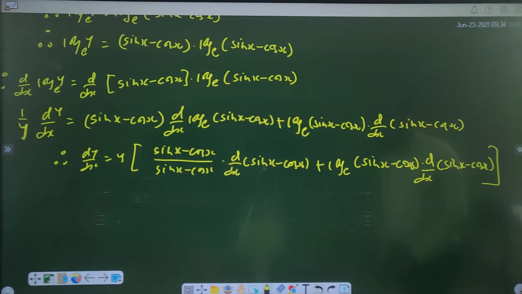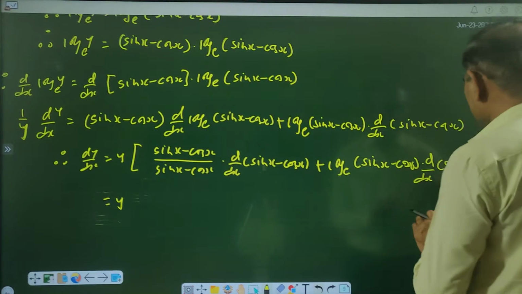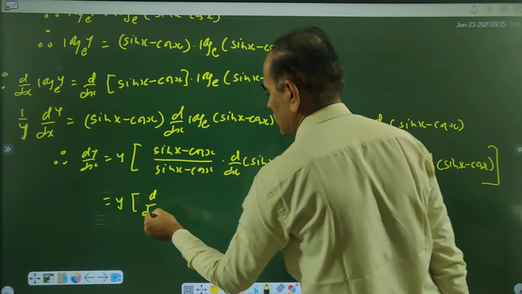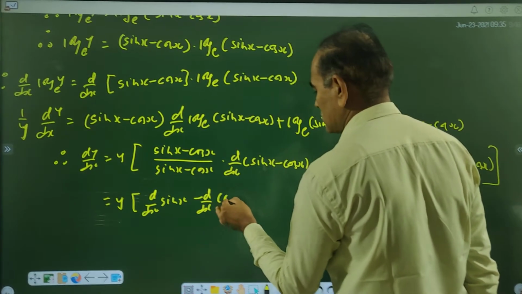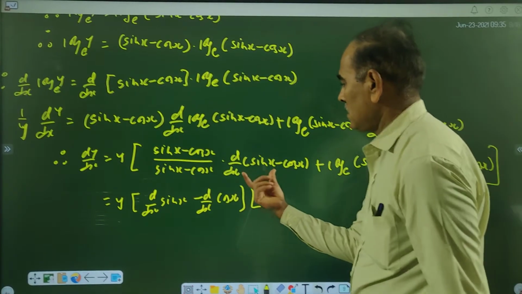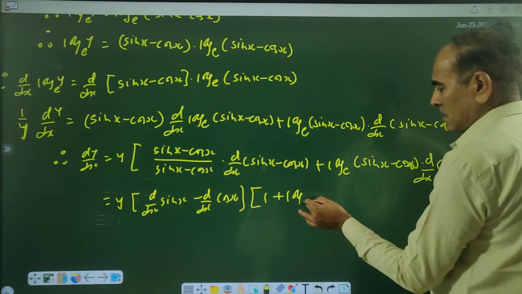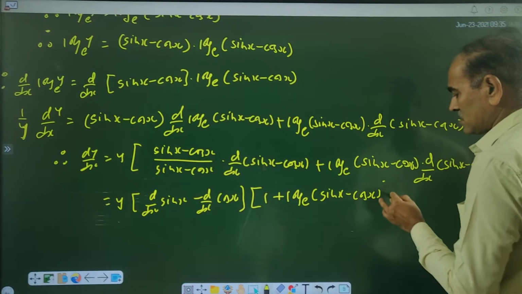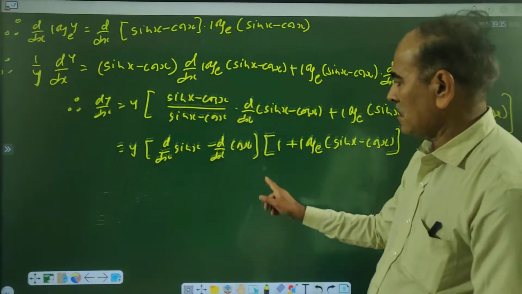Now see, y as it is. Now d by dx of (sin x minus cos x) is common, and we give it separately: d by dx of sin x minus d by dx of cos x. Take it common and put the other bracket. This comes out to 1 plus log base e of (sin x minus cos x). Agree with me? Yes.